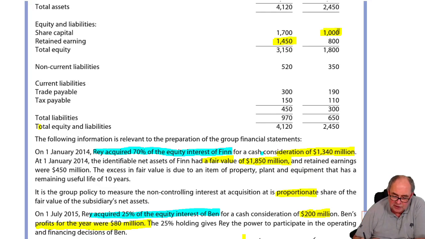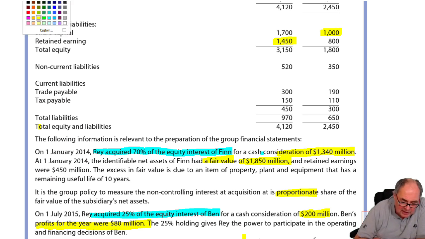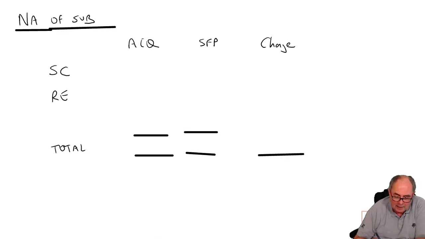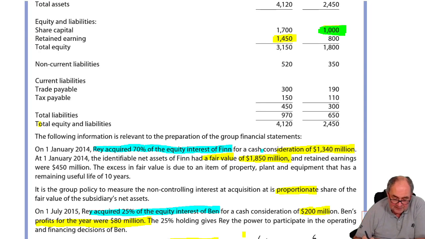That never changes. Let me just change highlighting colour for this bit. There we are. The share capital is 1,000. That will never change. What else do we know? We know the retained earnings. At acquisition, the retained earnings were 450.